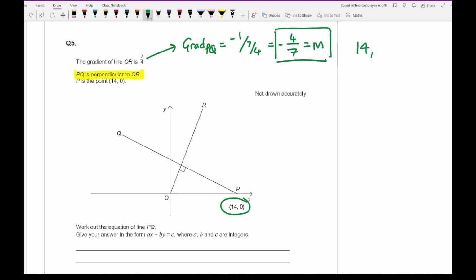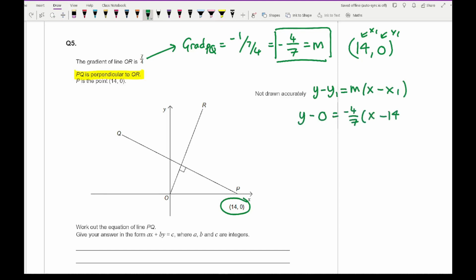Then using the coordinates of P, this is going to be my x1, this is going to be my y1. I'm going to use the equation of a straight line, y minus y1 equals m(x minus x1). Then simply substituting those numbers in, I get y minus 0 equals minus 4 over 7 (x minus 14).